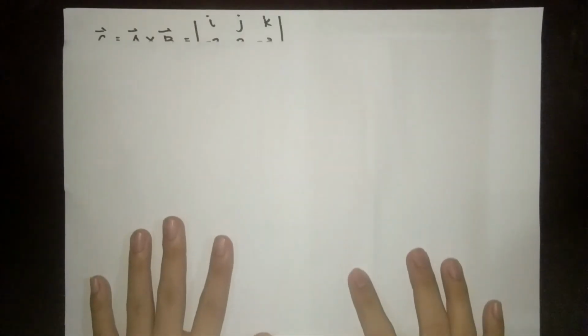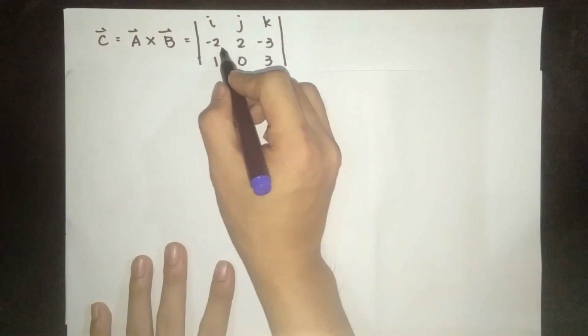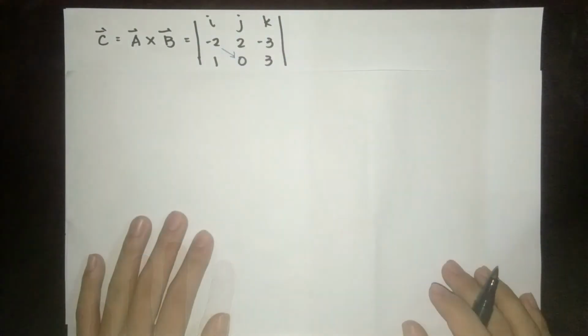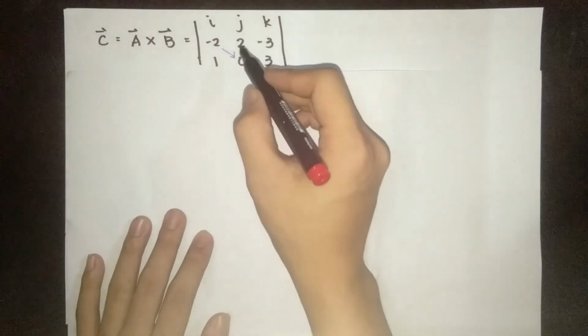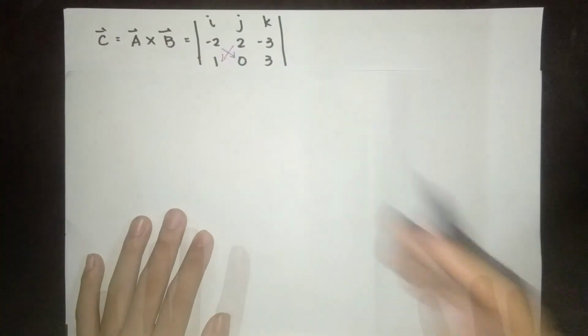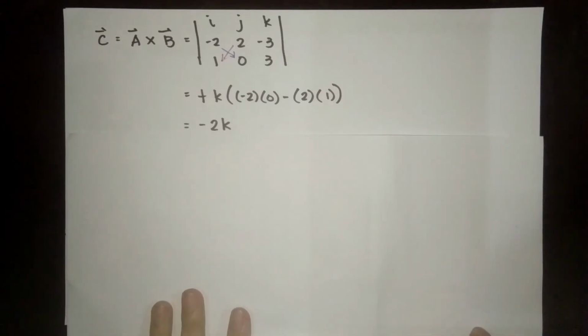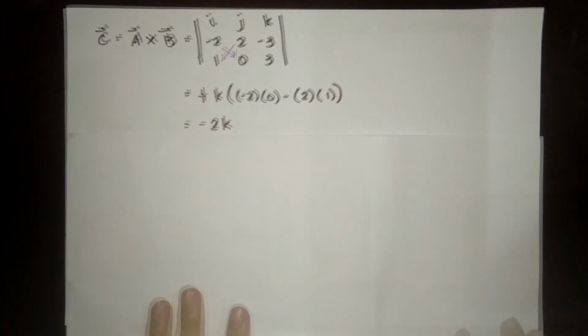And for the components of k, cross multiply the second row of i to the third row of j, minus the cross product of the second row of j to the third row of i. And that gives us plus k times the product of negative 2 times 0 minus 2 times 1, which is equal to negative 2k.